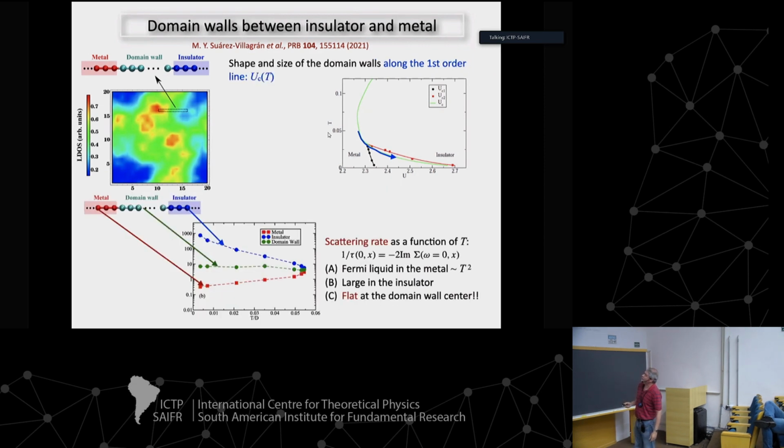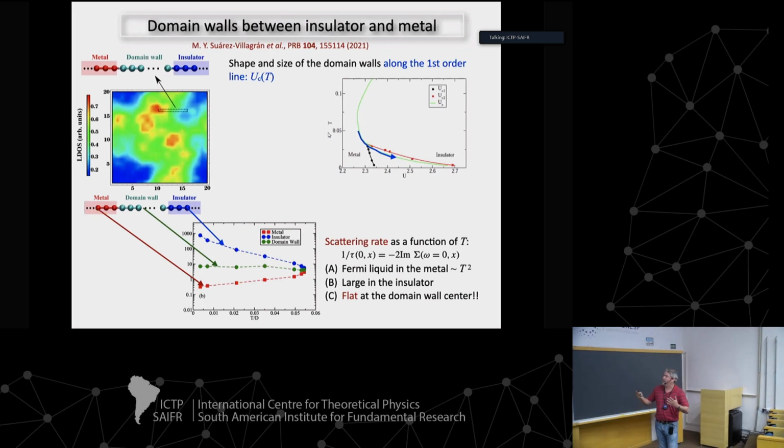Now, what we want to look at is the fermiology, the fermionic behavior in each of those regions. So we can look at the scattering rate, the imaginary part of the local self-energy. For instance, you can look at it here at the center of the wall, deep inside the metal, or deep inside the insulator.